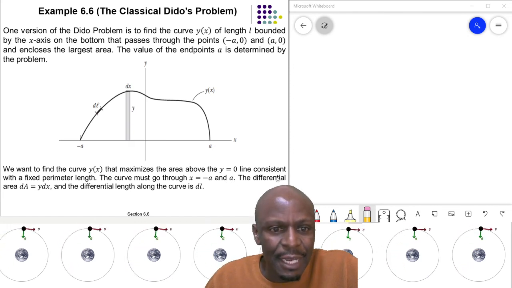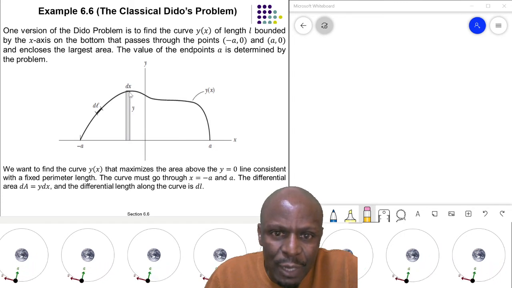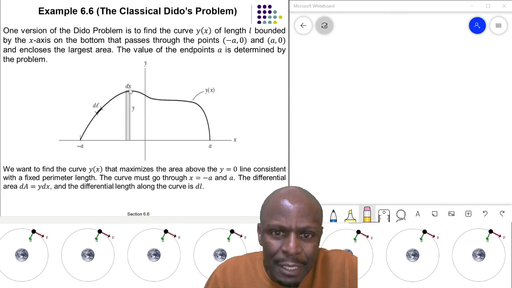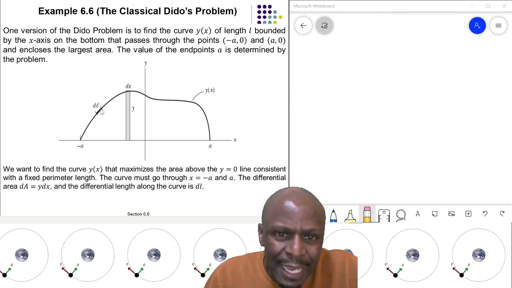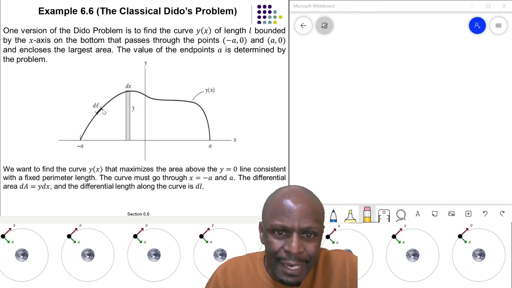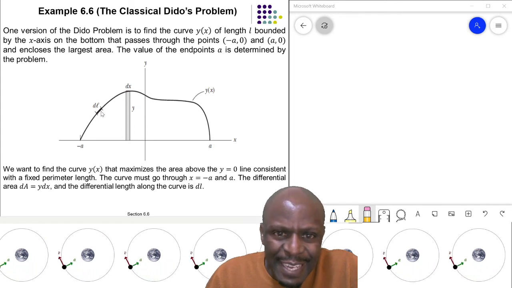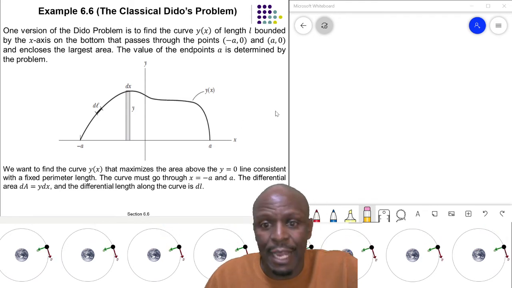The differential area here, if you want to get the area, you just have to multiply y dx. Y dx would give you the dA. But what is dl? You get dl from dx squared and dy squared, as we have done previously.